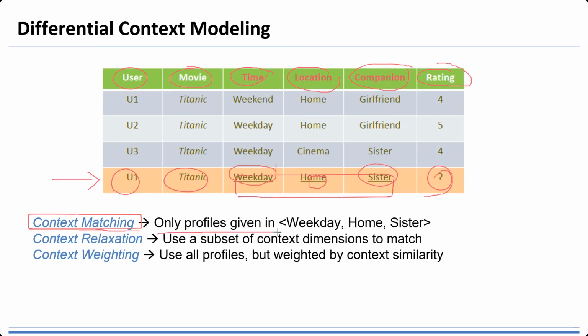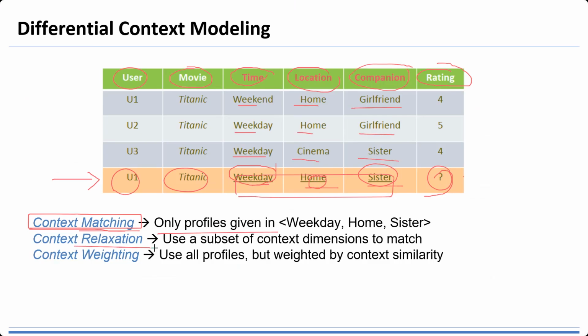So only profiles given in weekday, home, and sister. We will check weekday, home, and sister. No. Weekday, home, and sister. No. If there is no matching context, then we need to have some relaxation.